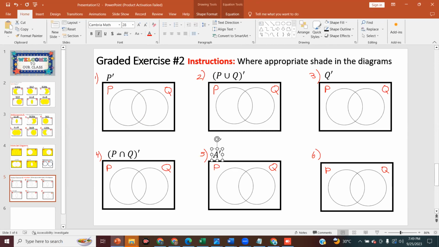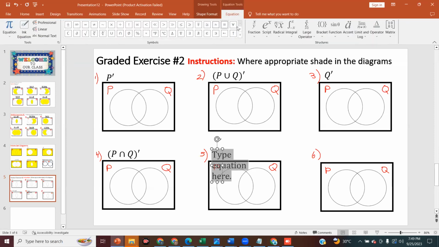So the first one is P complement, the second one is P union Q complement. This one is Q complement, P intersect Q complement. The last one we want, what is this?